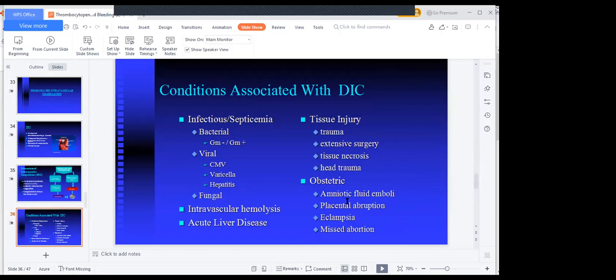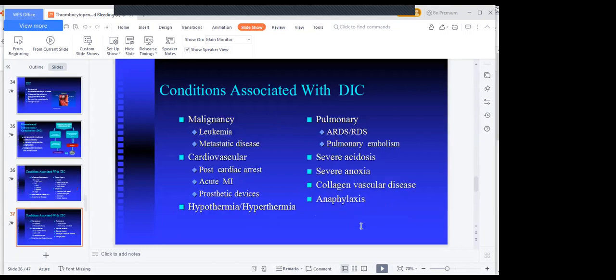Although it's very general and not related to post BMT or BMT, these are general causes of DIC: obstetric, amniotic fluid embolism, placenta, etc. And conditions associated with DIC are malignancy, cardiovascular, hypothermia, pulmonary, severe acidosis, vascular diseases, and anaphylaxis.